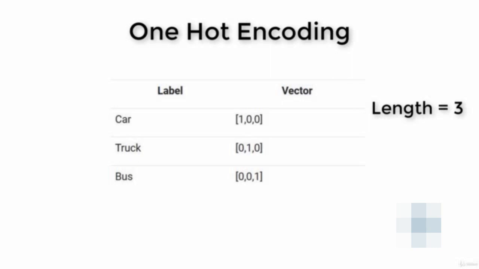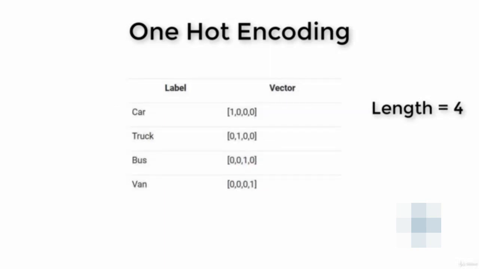Just for clarity purposes, say we add another category, van, to the mix. Now we have 4 categories total. And so this will cause each one-hot encoded vector corresponding to each of these categories to be of length 4 now. The vectors will now look like this. We can see that for each of our pre-existing categories of car, truck, and bus, we still have the corresponding one for each of these vectors in the same places where they were before.